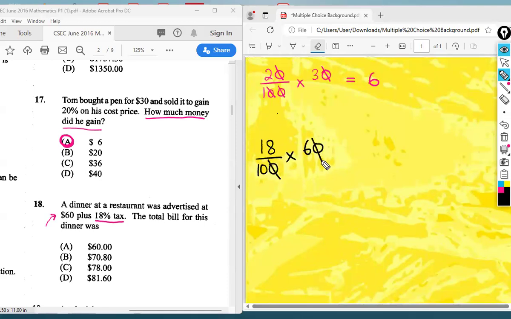This zero cancels out with this zero. 2 into 6 is 3. 2 into 10 is 5. I'm going to cheat here and use my calculator a little bit. 18 multiplied by 3 is 54, divided by 5, you'll get $10.80. Everyone agree with that? $10.80.